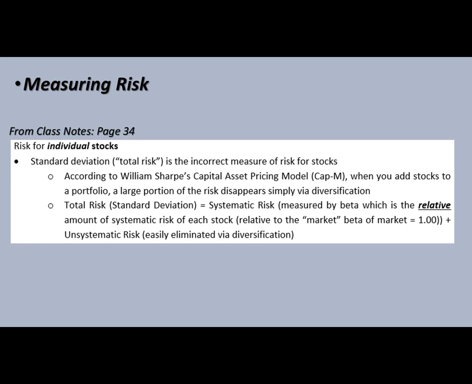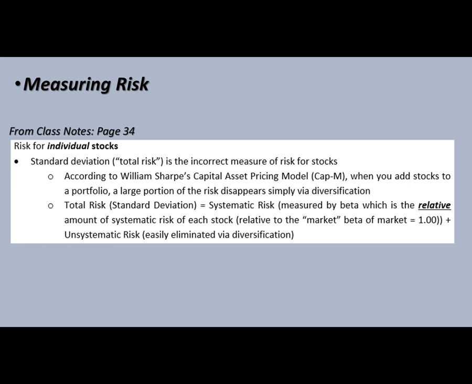And what he said is you can break risk into two components: systematic risk and unsystematic risk. Systematic risk is measured by beta, and beta is a measure of, and this is real important, that you put the word relative amount of systematic risk of each stock.